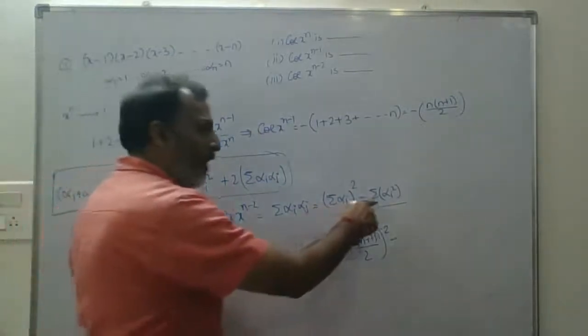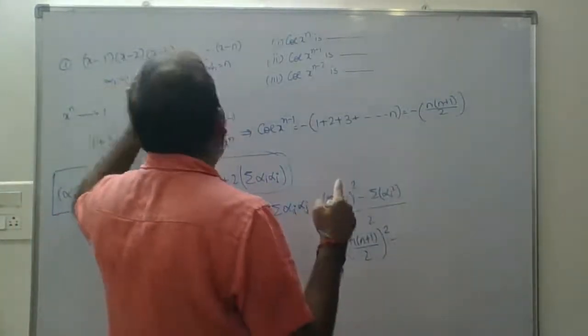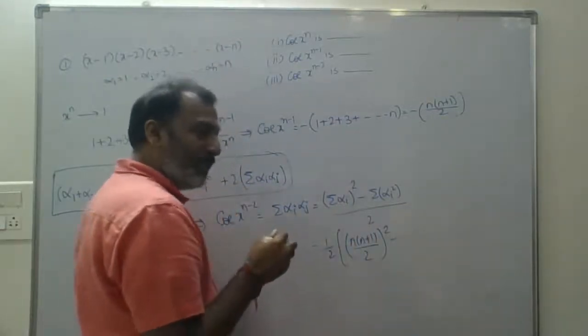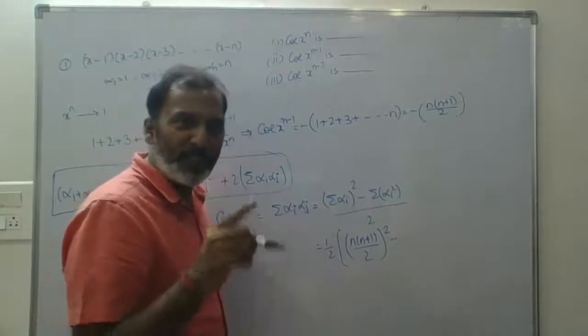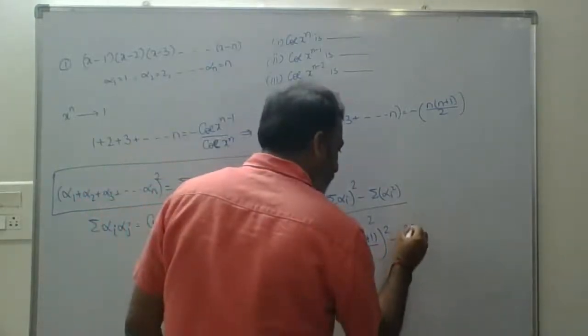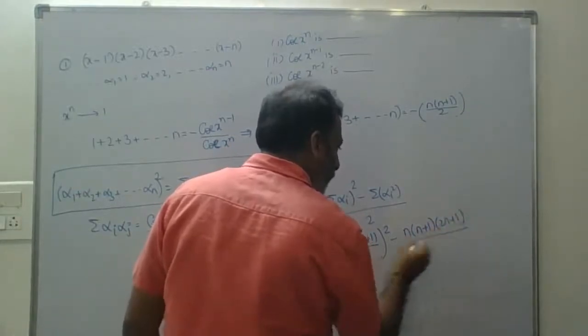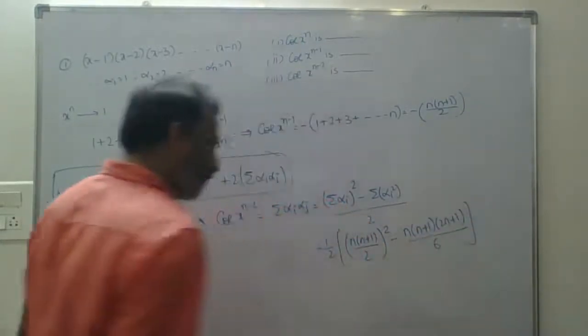Sigma alpha i square means 1 square plus 2 square plus 3 square plus so on up to n square. That is nothing but the sum of the squares of the first n natural numbers, that is n into n plus 1 into 2n plus 1 by 6.